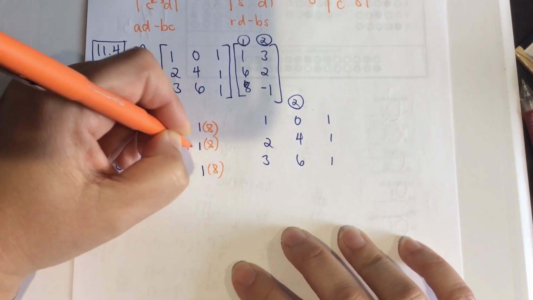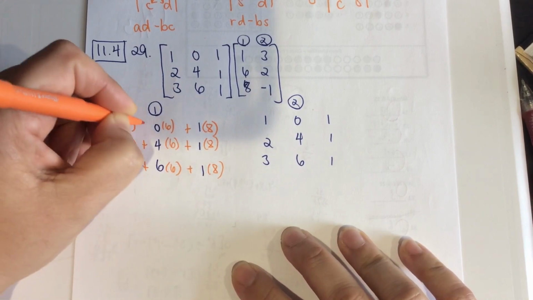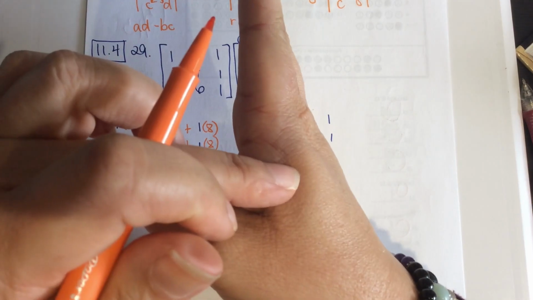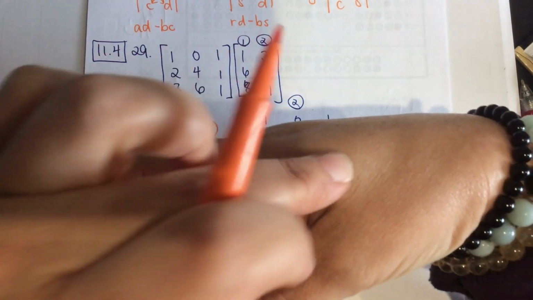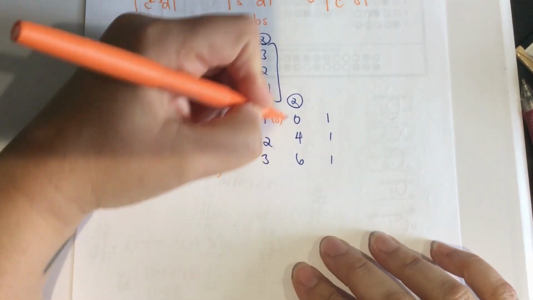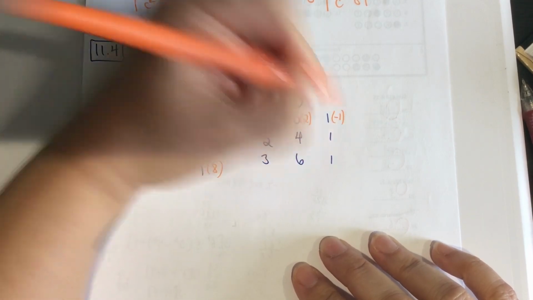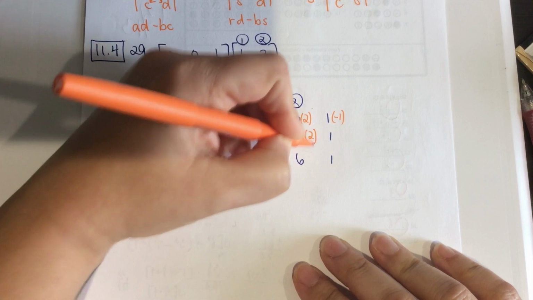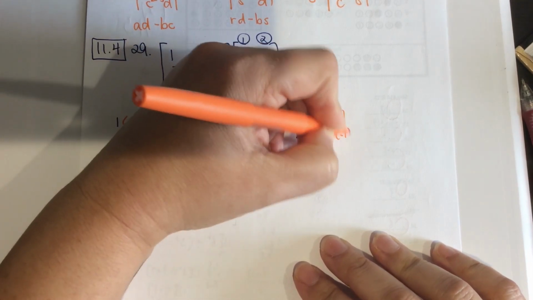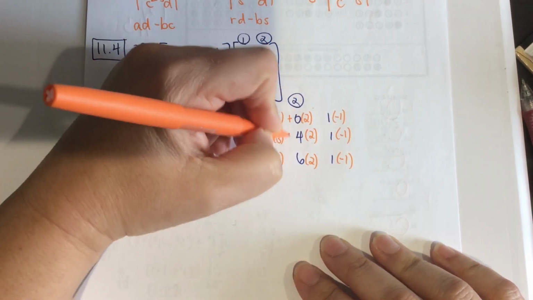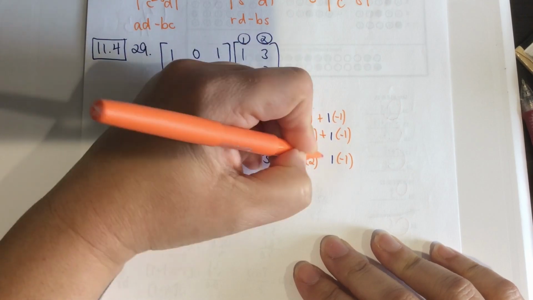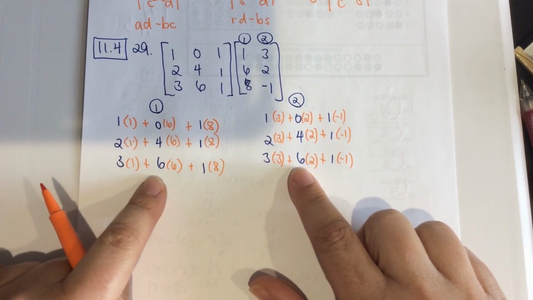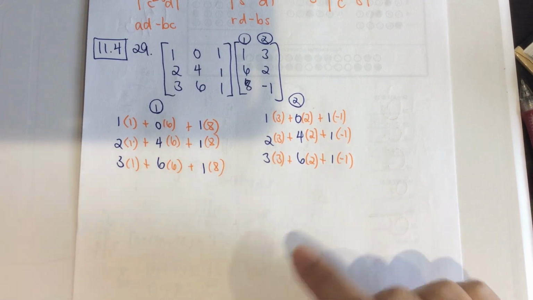And I do plus everywhere in between. And then I'm going to do the same thing with the 3, 2, negative 1 instead. And then that carries straight down. And I do pluses in between. Remember, don't put pluses in between here. We want to have two separate instances of this happening.